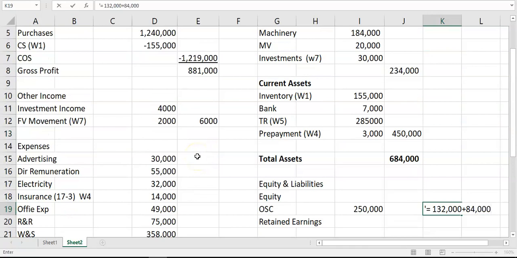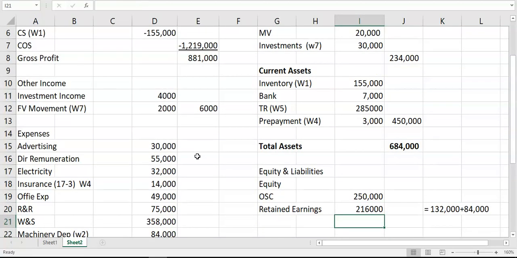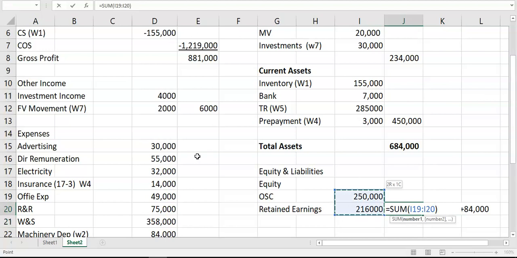Right? You don't take away any dividends because we don't have them. So it's just profit for the year. So that means the retained earnings are going to be 216,000. And when you add those together, you get equity because we've no share premium, no revaluation surplus. You have 466. That is your total equity.